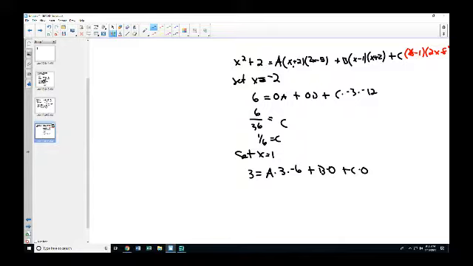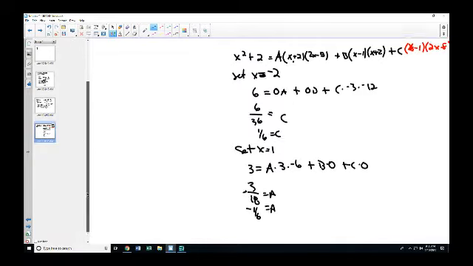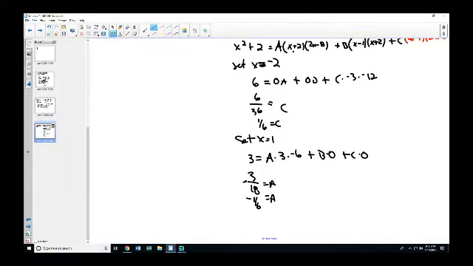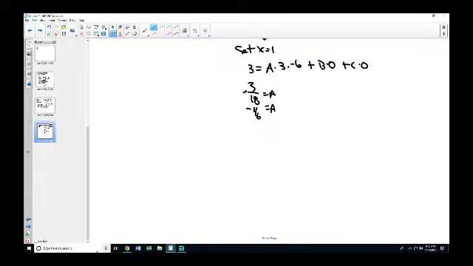Plug in negative 1/6. Yep, last one's 4.